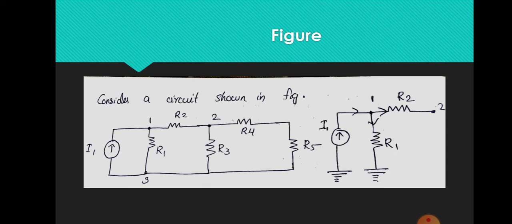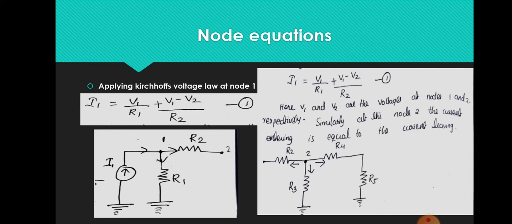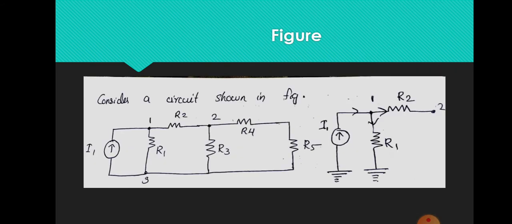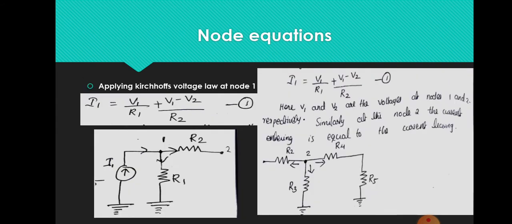You got the idea? Starting with the solution, we know that for mesh analysis we use Kirchhoff's voltage law, but for nodal analysis we will use Kirchhoff's current law, okay. There is a difference here. I redraw node 1 here, and we can consider the V1 voltage at node 1 and V2 voltage at node 2, and apply Kirchhoff's current law.